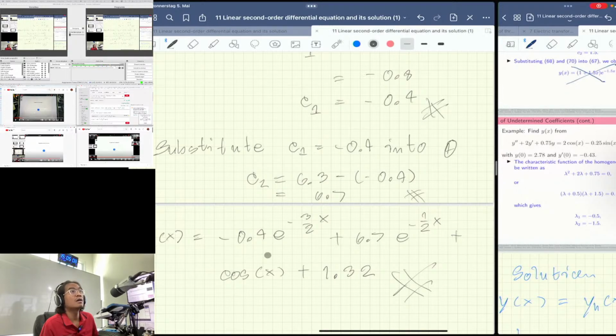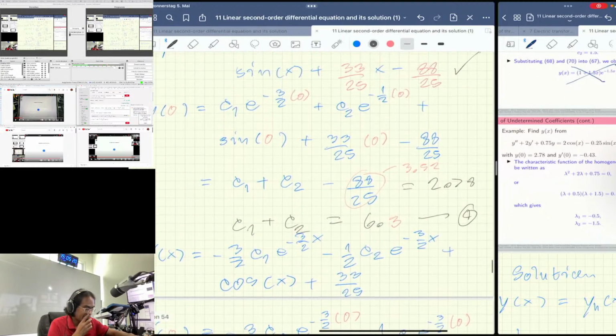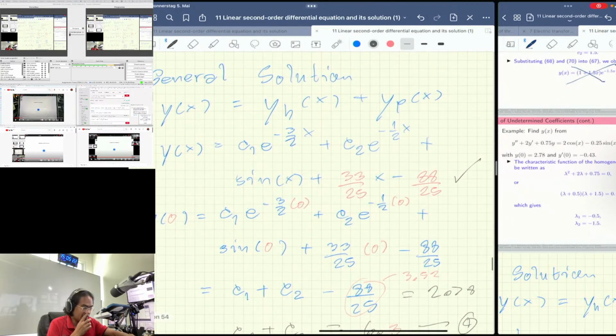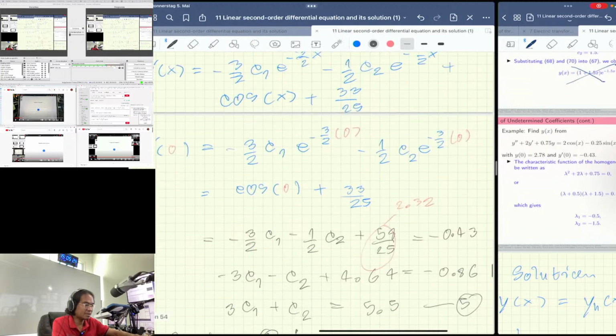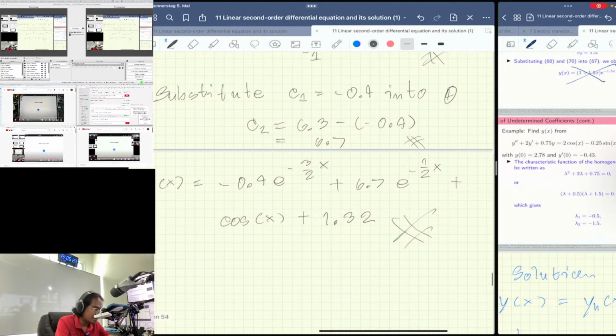And yes, cosine. Why do we have cosine? I'm not sure. I'm stupid. Yeah, this one should be sine x. My God, it's wrong.